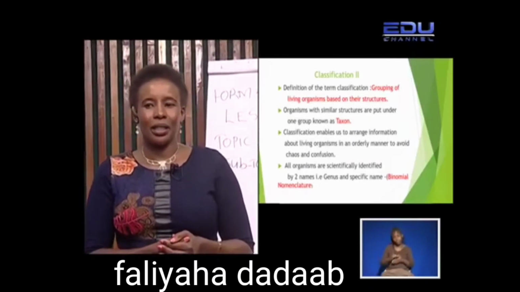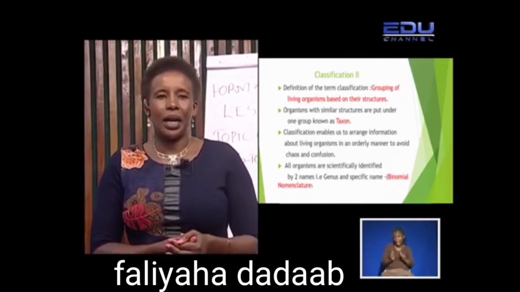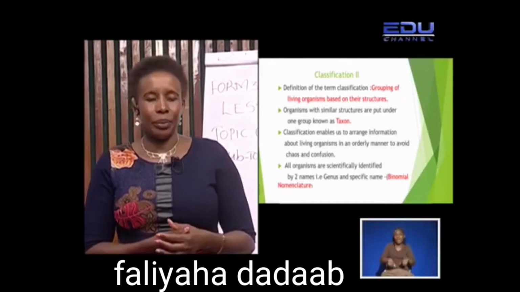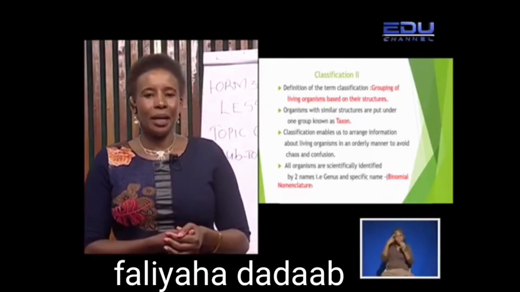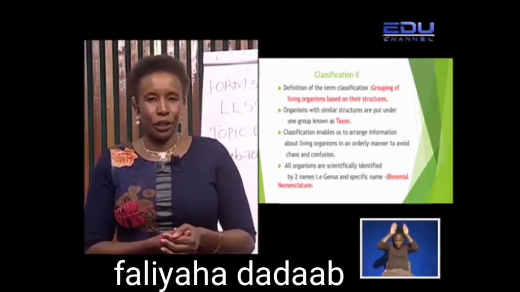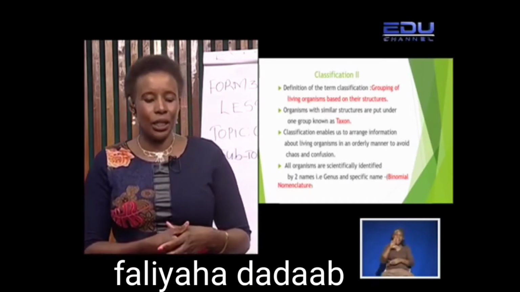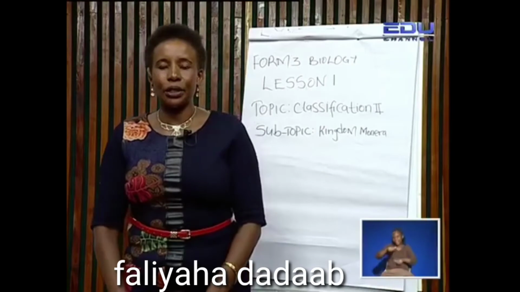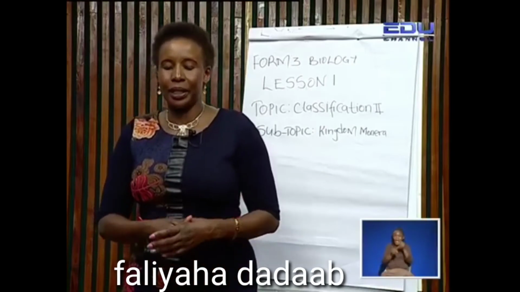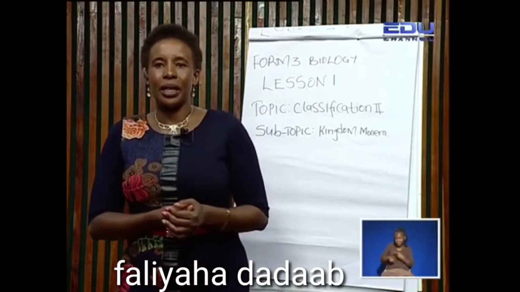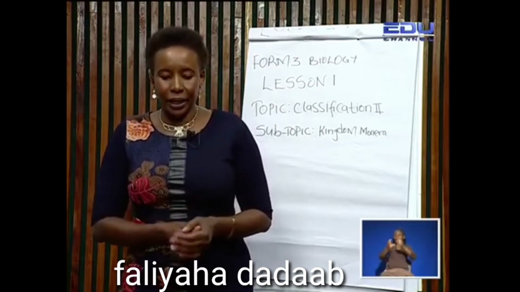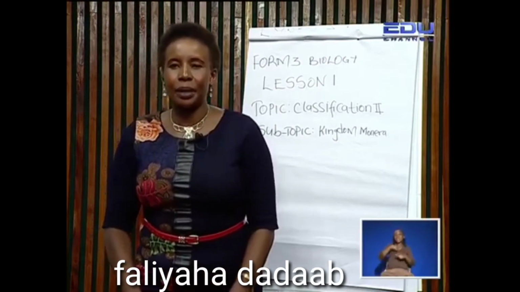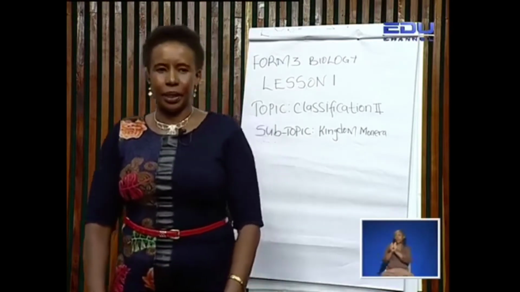Student, if I give you a living organism such as a rabbit, you name it by your mother language, scientifically we may not communicate because that organism has different names. So classification enables us to communicate where these living organisms are given scientific names.